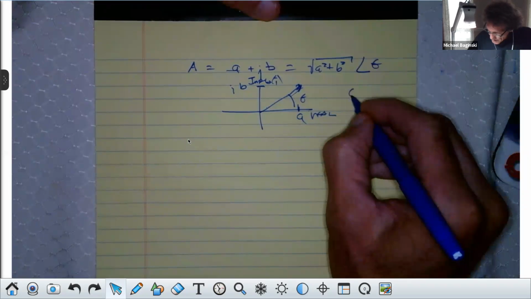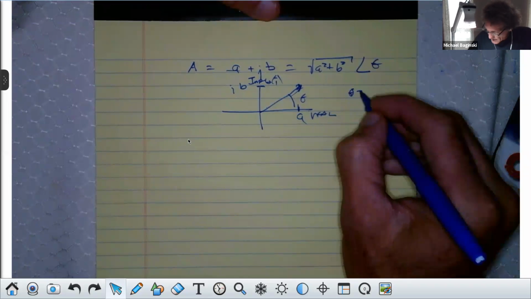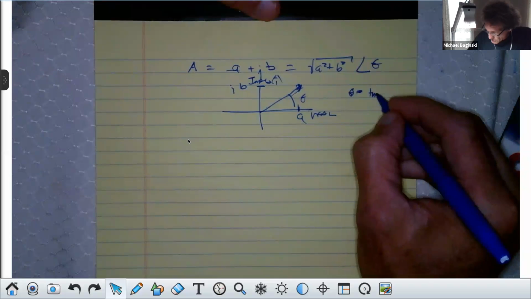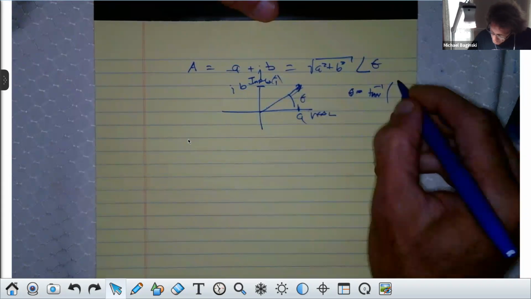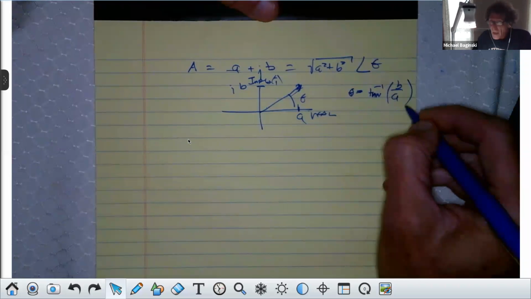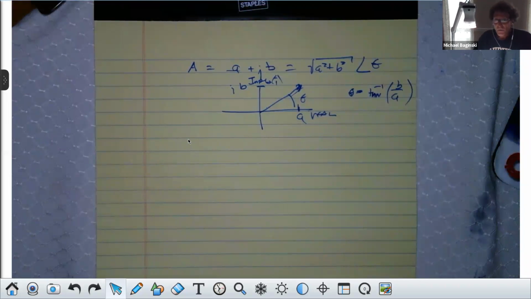Now the angle theta can be gotten by taking tan to the -1, or inverse tan, of the opposite B over A. And I'm doing this very simply. I think most of you know this. The nice thing is your calculators will do this. Do you agree, class? Just give me some indication if you understand complex numbers and what I've shown there.